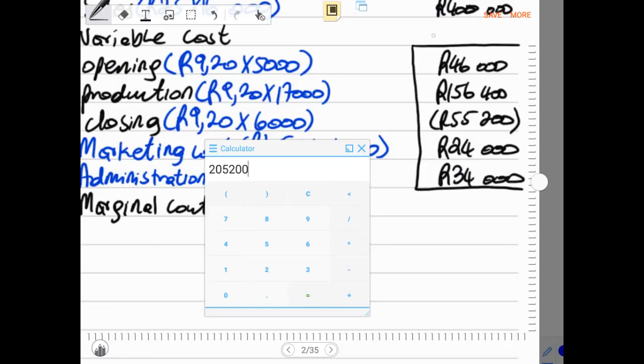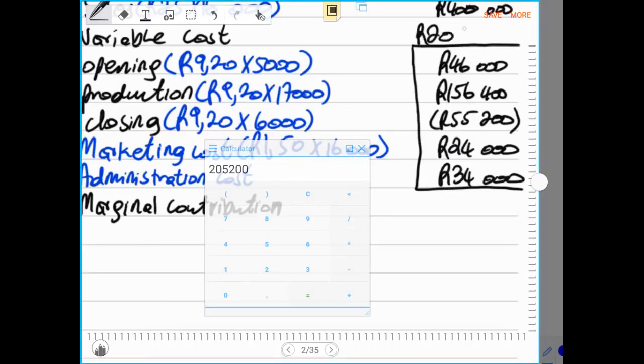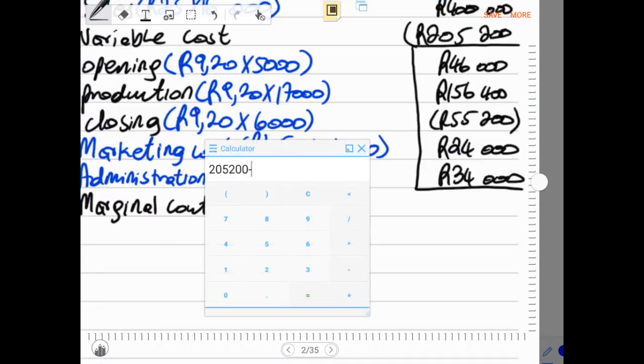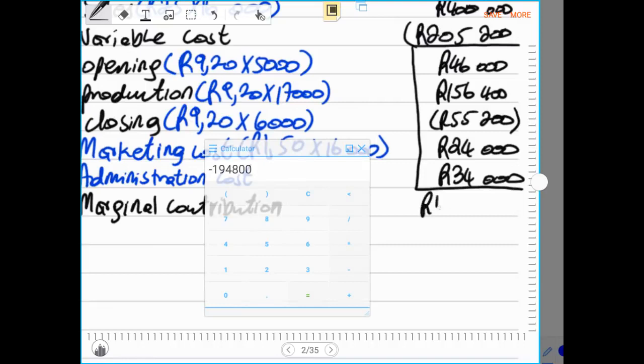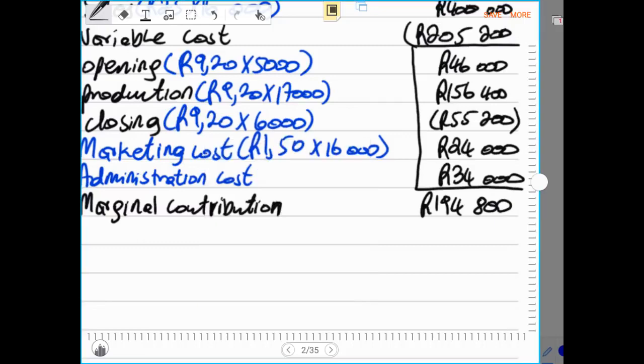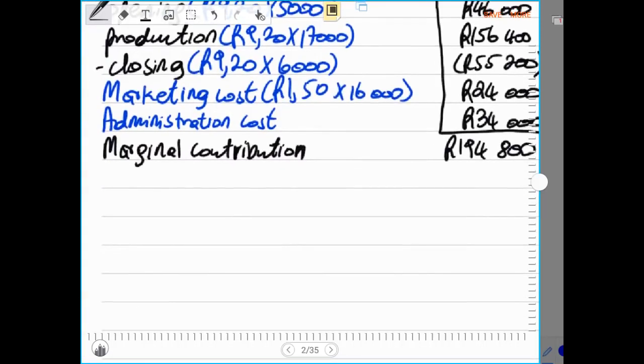So now this will give us 205,200 rands as the total variable cost. And if we deduct that from 400,000, this will give us a contribution margin of 194,800 rands.